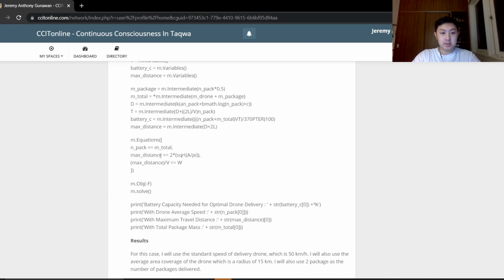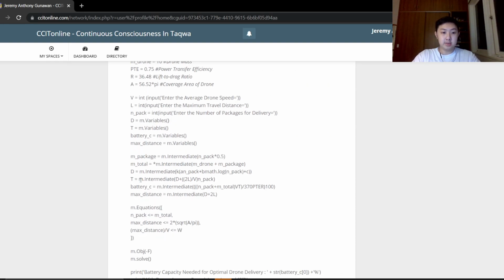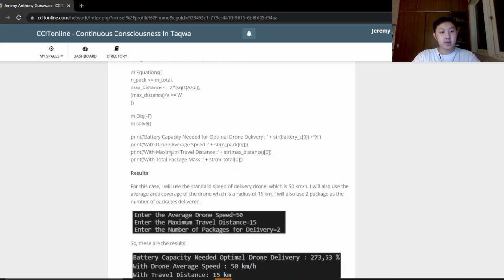So the equations are the same because the max distance is d plus 2l. That means we can change the equation into: the number of packages cannot exceed 2/3 of the m total, and the max distance is here, and the max distance over speed cannot exceed the work hour. So this is the printed result.